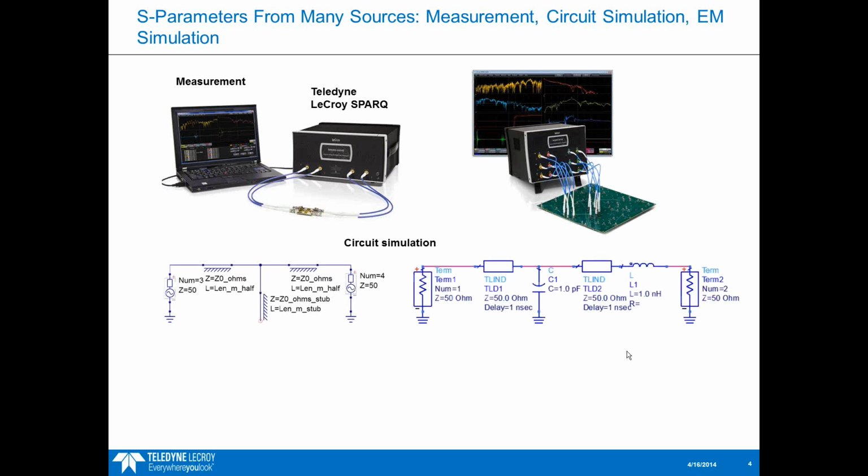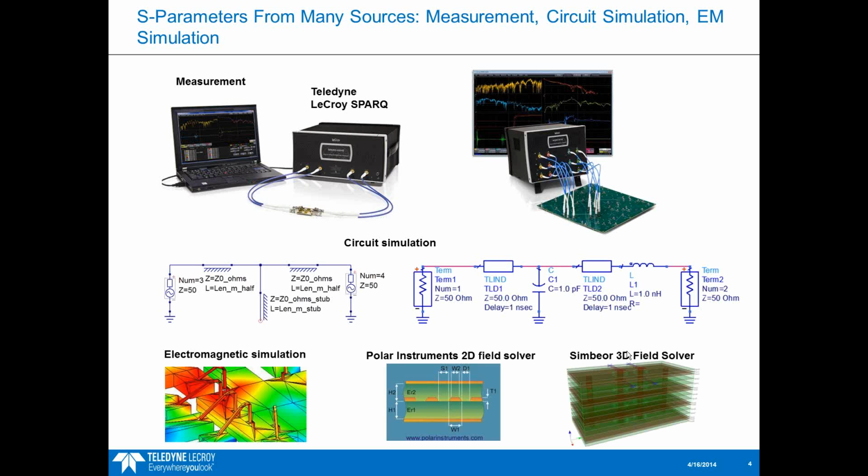There are different circuit simulation software packages out there, such as QUCS and some others, and there are electromagnetic simulations, 2D and 3D field solvers. So you can use a variety of different tools, either direct measurements or simulations, to get the S parameters for some interconnect. And we can get the same information out of the S parameters regardless of how you obtain them.